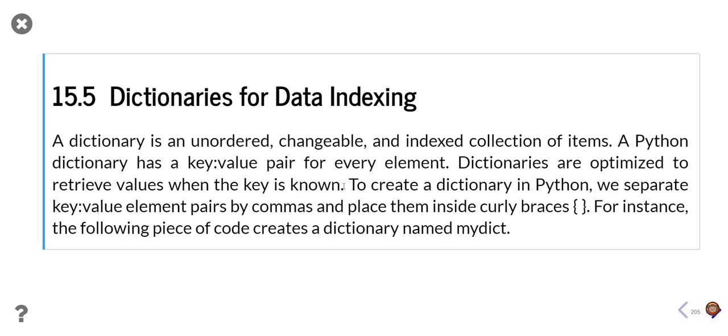And what are the keywords? Yes, ordered and indexed. Ordered means indexed. It is ordered, changeable, and an indexed collection of items. Those are under the list.